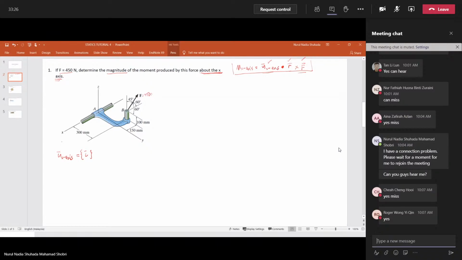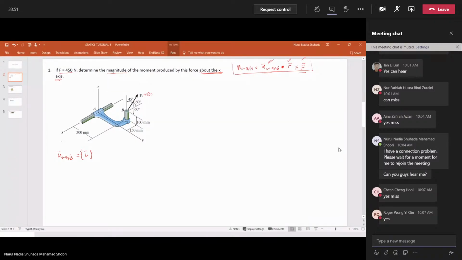If the question asks you to find the moment about the z-axis, then you have to use k. In this case, since it mentioned the x-axis, the unit vector about the x-axis is only i. Okay.